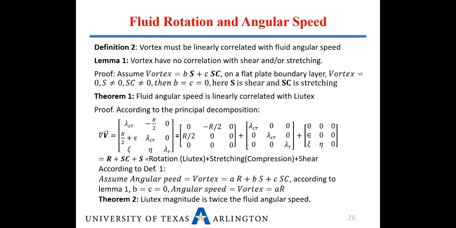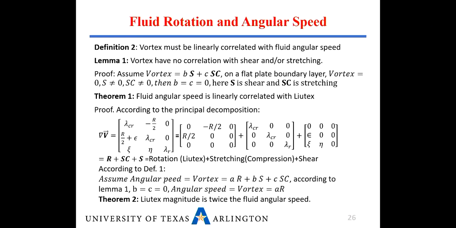So this is rotation, because R over 2. So really nu-tex is twice the angular speed in the principal coordinates.